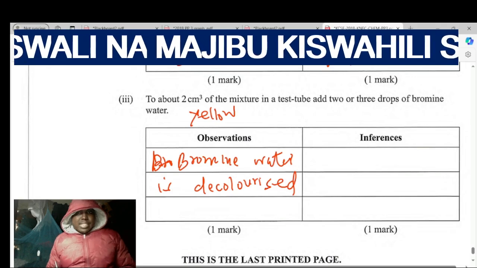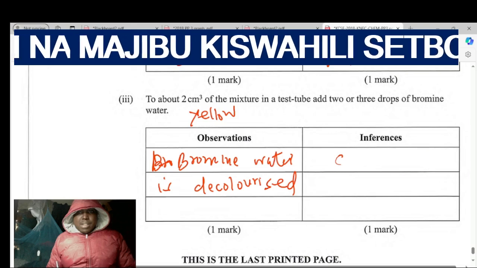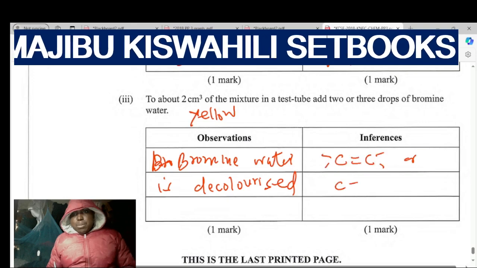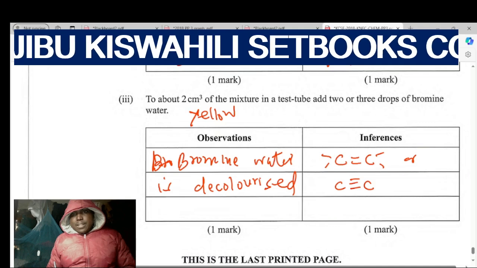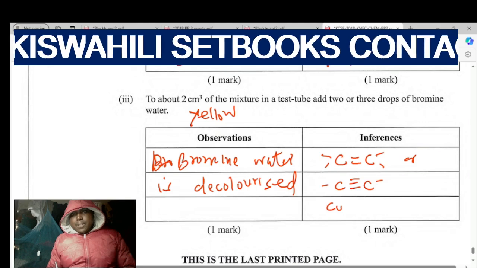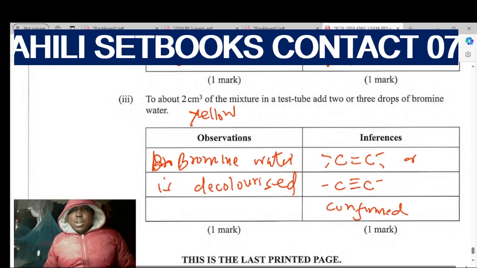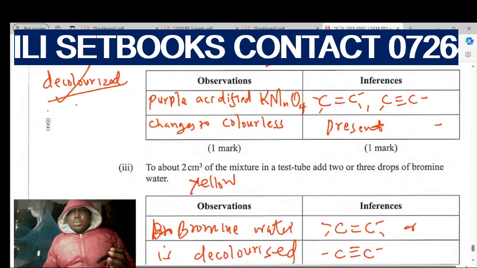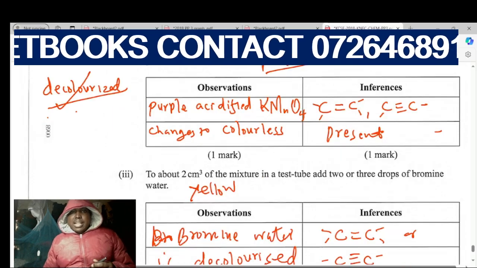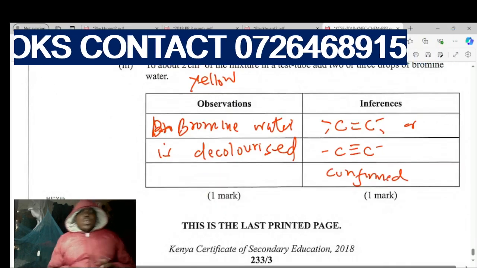If that is the case, then it confirms that the double bond or the triple bond is confirmed. Now we have confirmed that these ones are present because bromine inatumika tu kutest for these two.